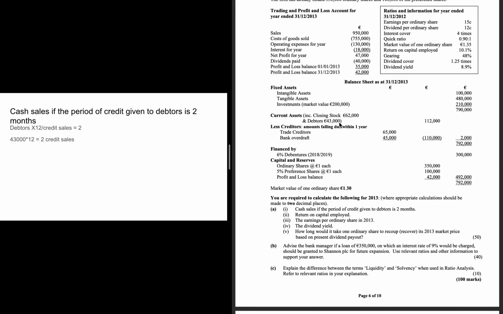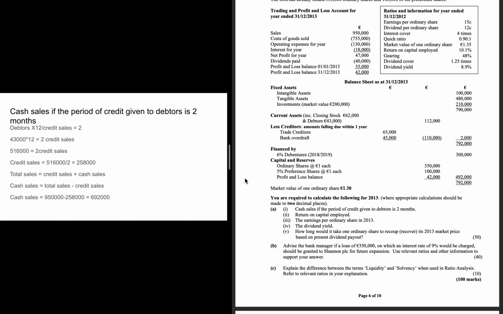Debtors is given in the question, 43,000. So 43,000 by 12 is 516. So credit sales is 258. And total sales is 950. So total sales is made up of credit and cash sales. So therefore cash sales is total minus credit, which is 950 minus 258.